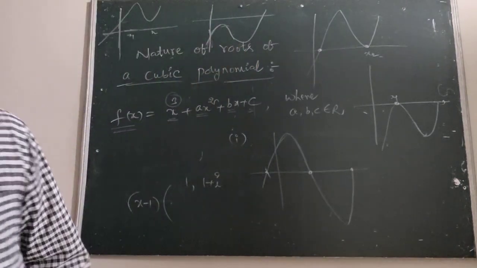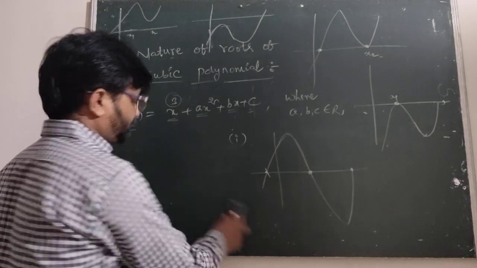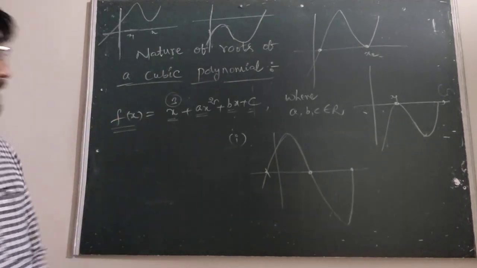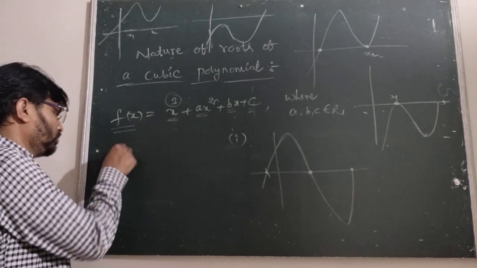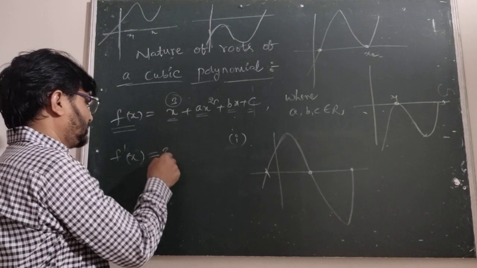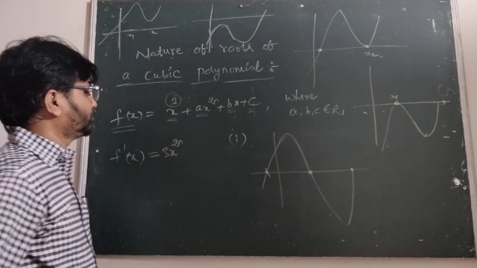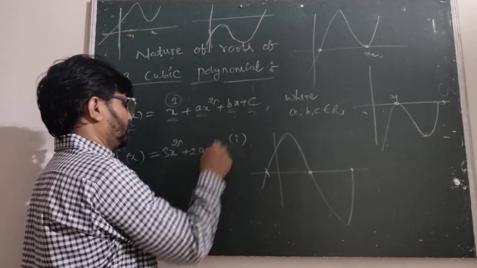So what about the remaining roots? How do we think about the nature of roots of the cubic equation? First of all, we take the derivative of f of x, that is 3x square plus 2ax plus b.